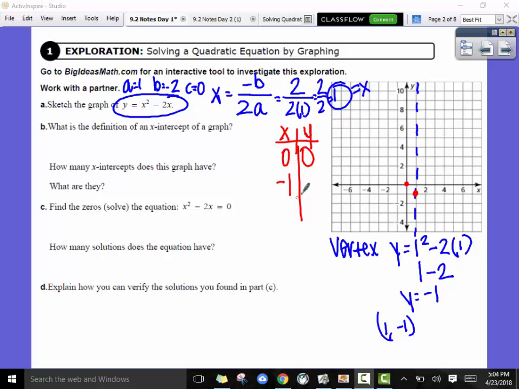Okay, then I'm going to plug in negative 1. So negative 1 squared would be negative 1 times negative 1, which is 1, minus 2 times negative 1. Negative 2 times negative 1 is positive 2, so 1 plus 2 is 3. So negative 1, up 3. Okay, then I'm going to reflect my points, and you have your parabola.